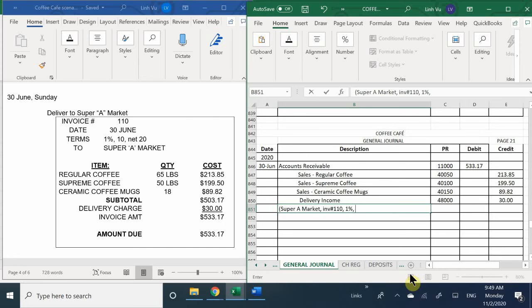And then we're gonna go to our ledger, and we're gonna go to the assets, and we're gonna go to accounts receivables.